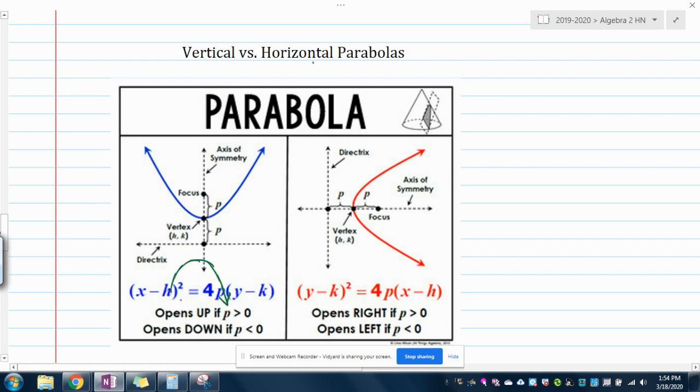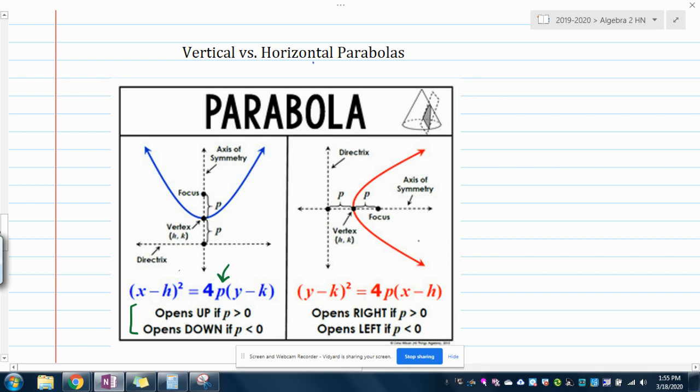The way you'll know if it opens down or up is if p is positive or negative. If p is positive, then the distance between the vertex and the focus is a positive number, so it goes up. If p is negative, it works exactly like if a was negative: it's concave down, or it opens downward. So that says it right here.